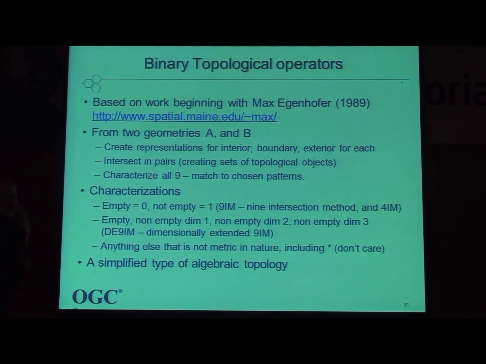But Max's idea was this. I have 2 pieces of geometry. Actually, he started out with 2 surfaces. I have 2 areas, and I wanted to describe in some way what their topological relationship is. So I look at the topological interior and boundary of the areas, and I intersect them.